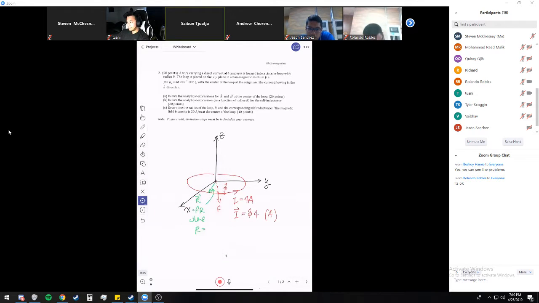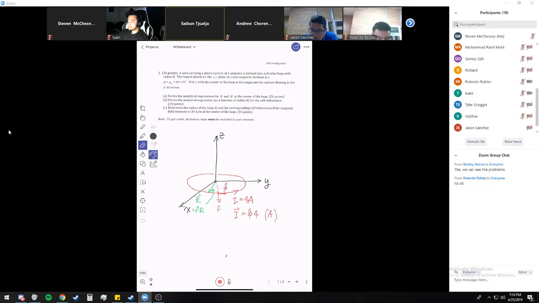R is basically the radius of the loop, where R is the magnitude of the radius, and it is in the R direction. Any questions? This is what is given.